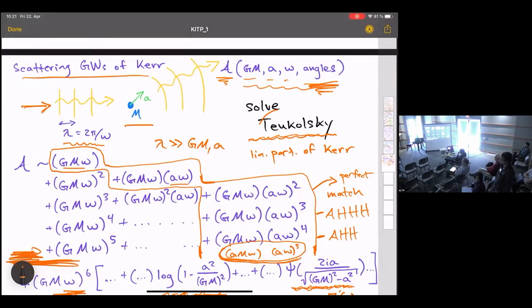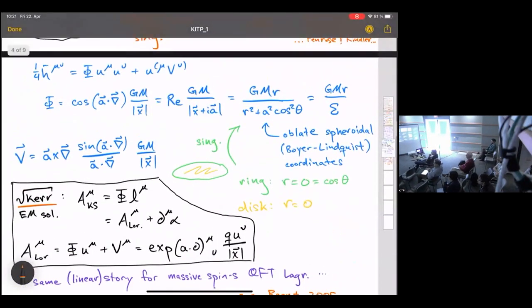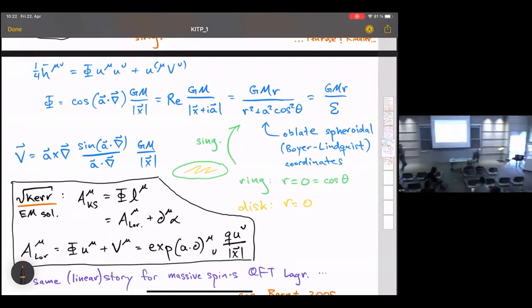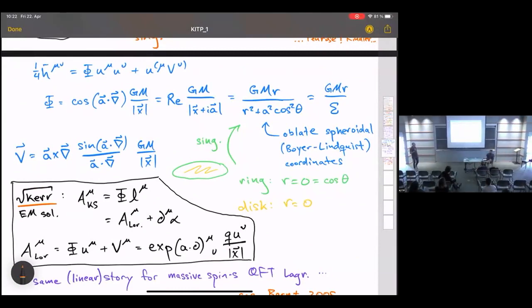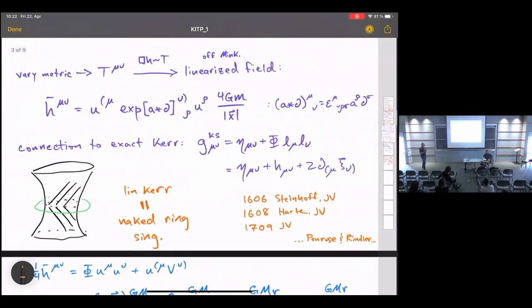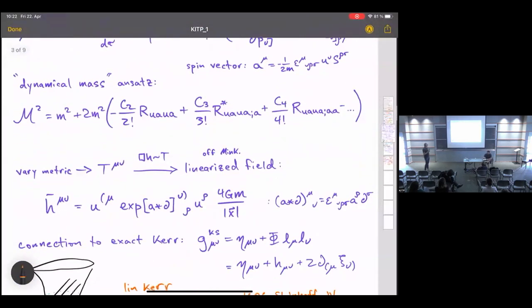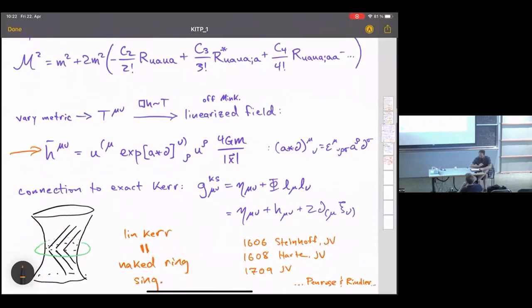But is there an electromagnetic analog to this problem? I like that question very much. So there's definitely an electromagnetic analog of linearized Kerr, which is this so-called root Kerr solution. Very briefly, I wanted to connect this to the world line action, but I'm just going to point out that's a way to write the linearized Kerr solution as a trace reverse metric perturbation.